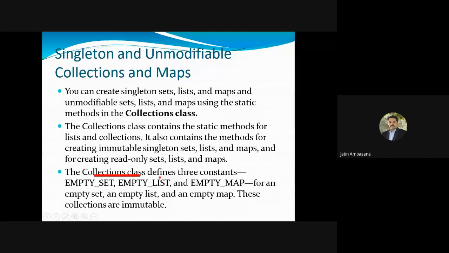The Collections class defines three constants: empty set, empty list, and empty map. These collections are immutable. Immutable means like strings, you cannot change it. We know that in strings, if you want to change it, it will not change.